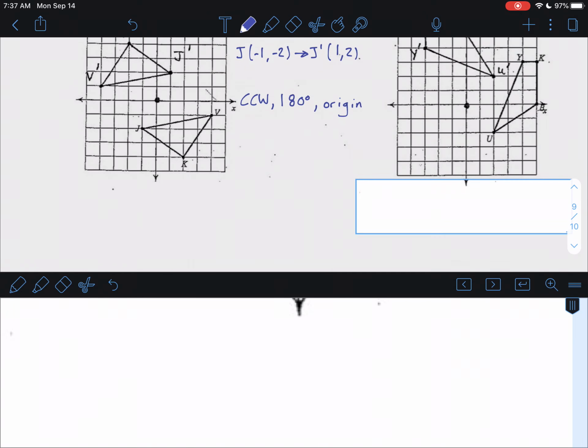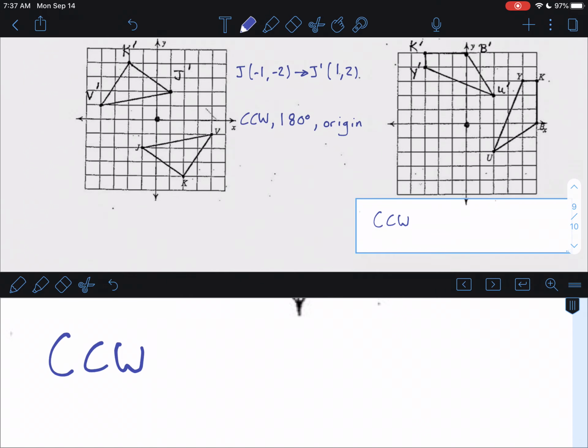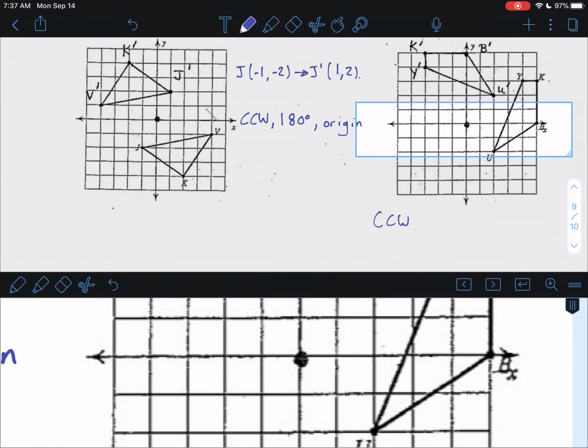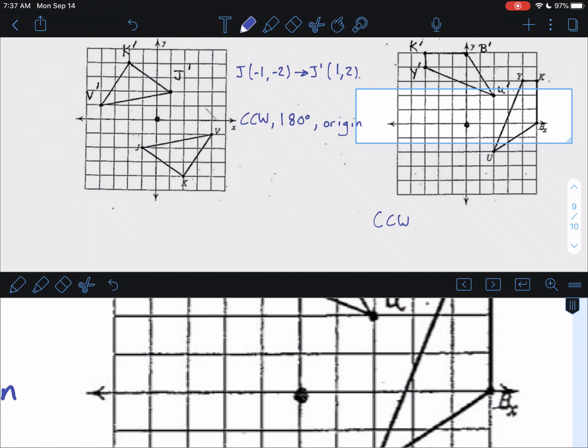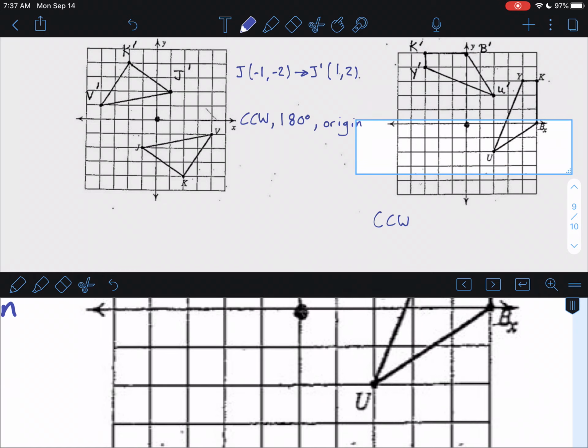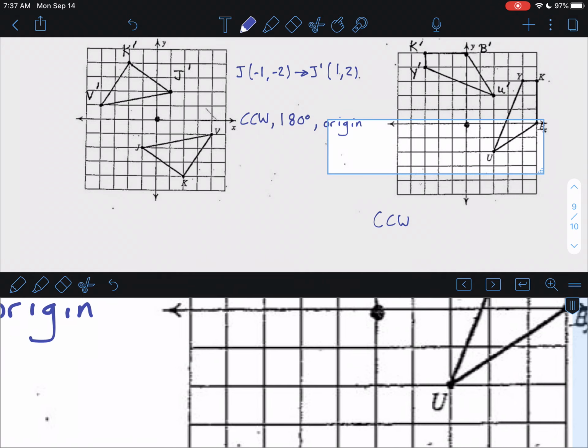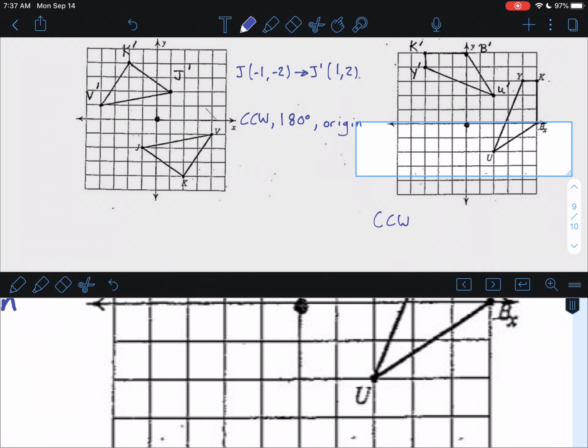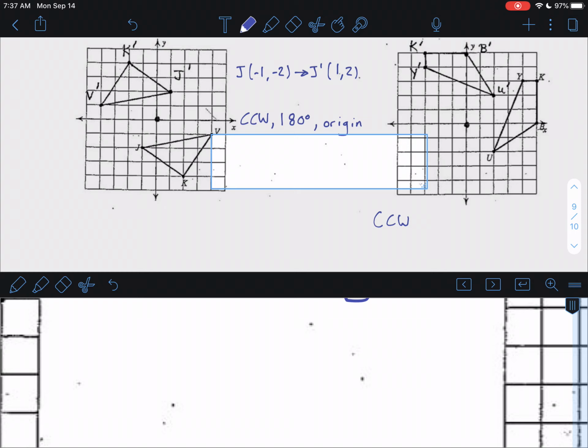So almost always the default is going to be counterclockwise. So we're just going to assume it's counterclockwise. Next, we have the degree. So I'll just pick a point. Maybe B isn't the best point to go with here. We'll go with U. So U starts at 2, -2.